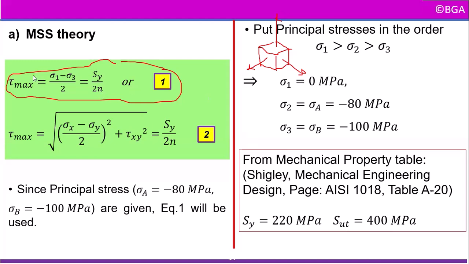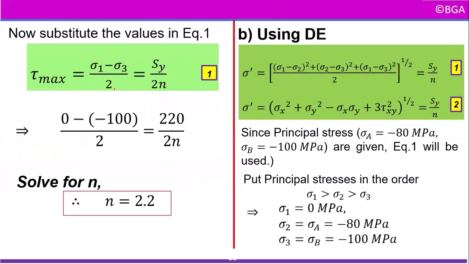Sigma 1 is 0, and sigma 3, the minimum principal stress, is negative 100 megapascal. If you substitute these values and calculate, then n is equal to 2.2. This is the factor of safety of the round bar using MSS theory.